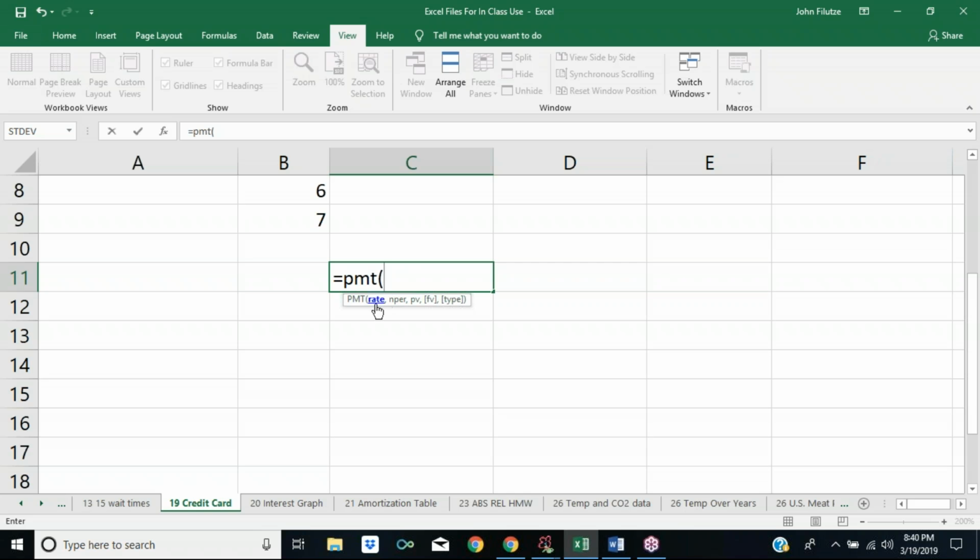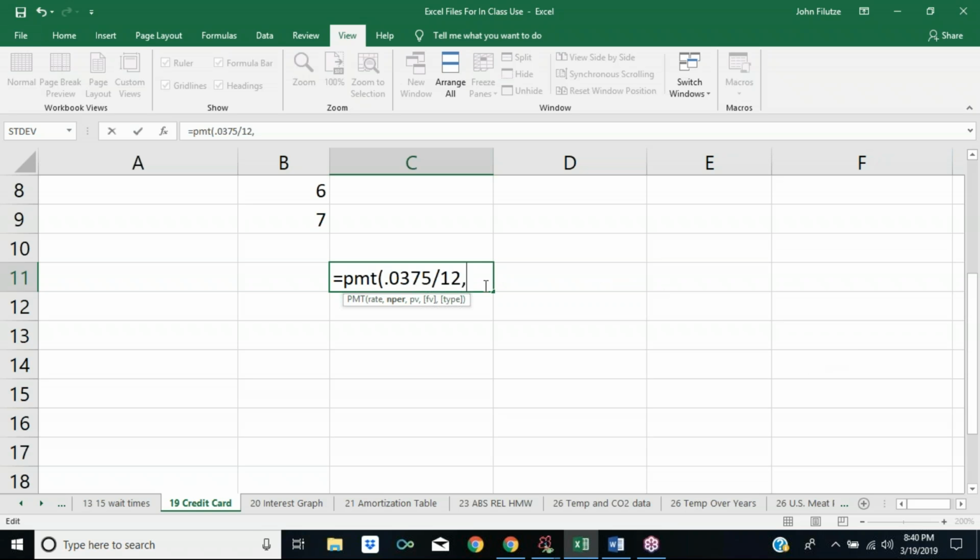So right below where I type PMT in my parentheses, you can see rate, number of periods, and PV, FV, type. Okay, so we're going to put in the rate. So Roger's rate is 0.0375 divided by 12 because we want the monthly rate, comma, how many months?